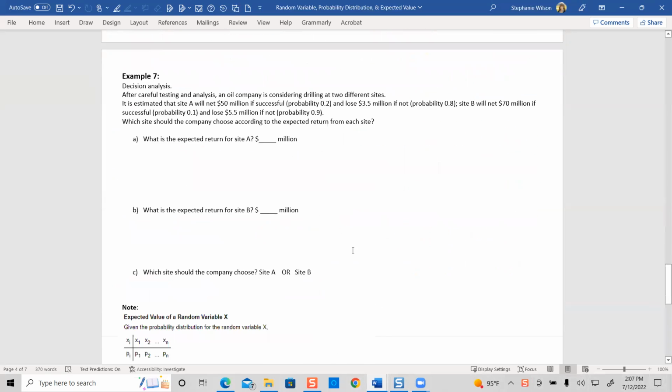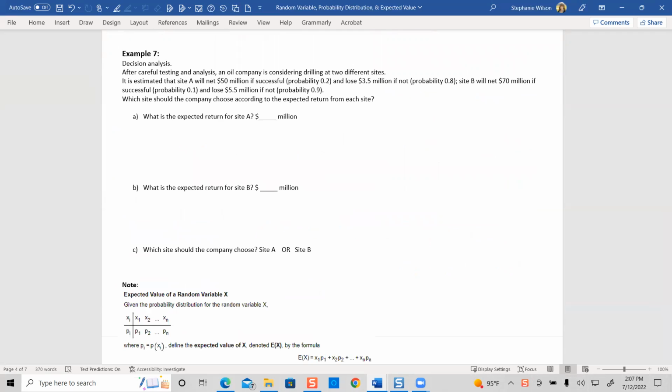Moving on. Example 7 says, after careful testing and analyzing, an oil company is considering drilling at 2 different sites. It is estimated that site A will net 50 million dollars if successful, with probability 0.2, and a loss of 3.5 million if not, probability 0.8.